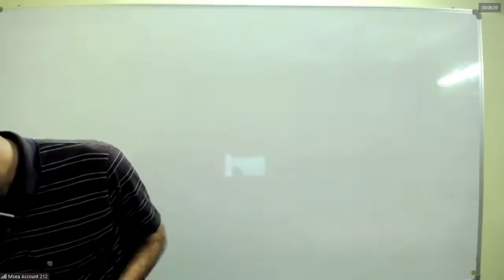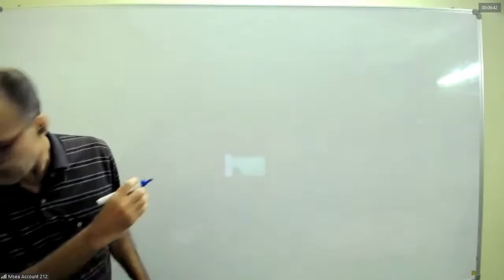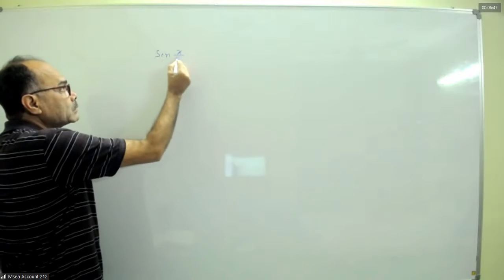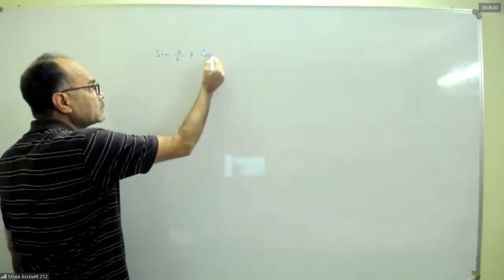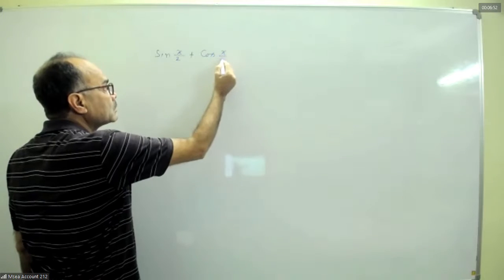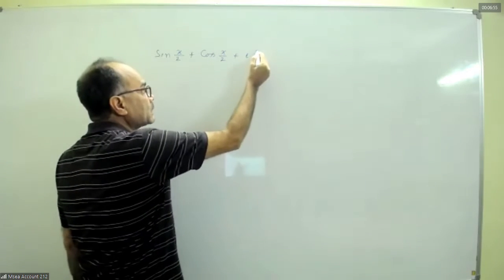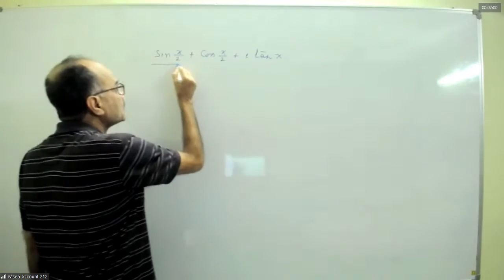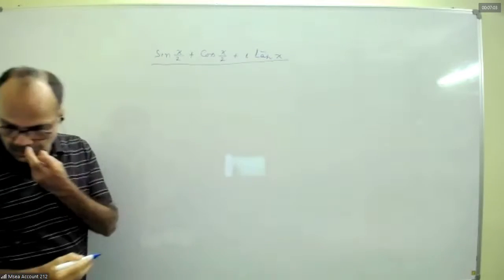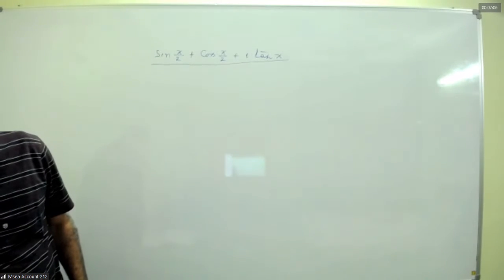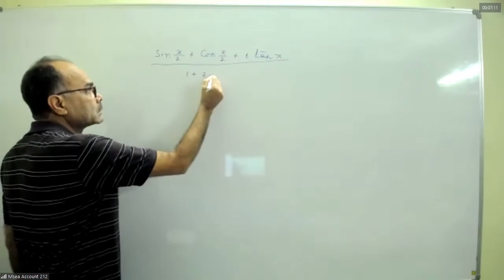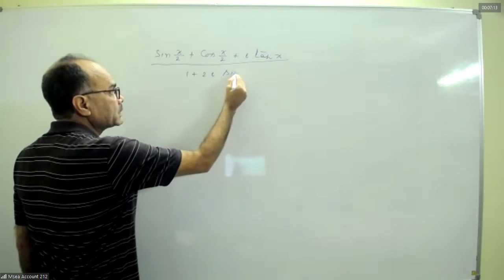Yesterday we were discussing one question. The question is: sin x by 2 plus cos x by 2 plus I tan x, divided by 1 minus 1 plus 2I sin x by 2.